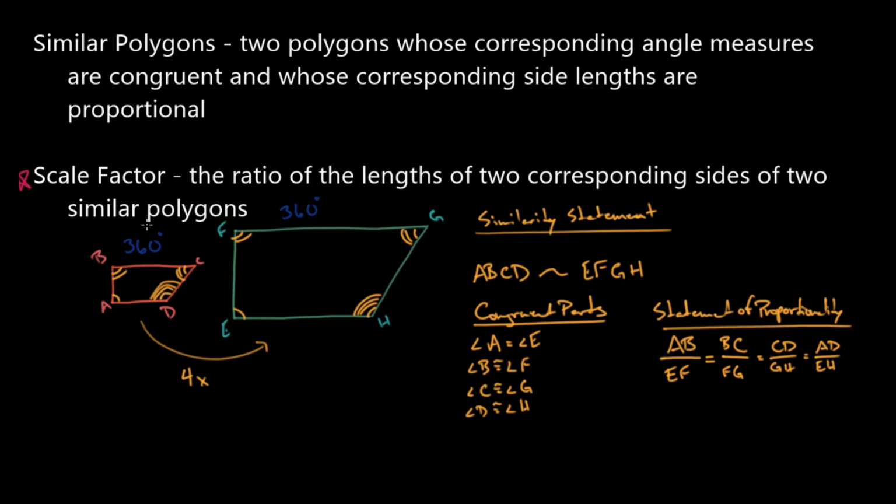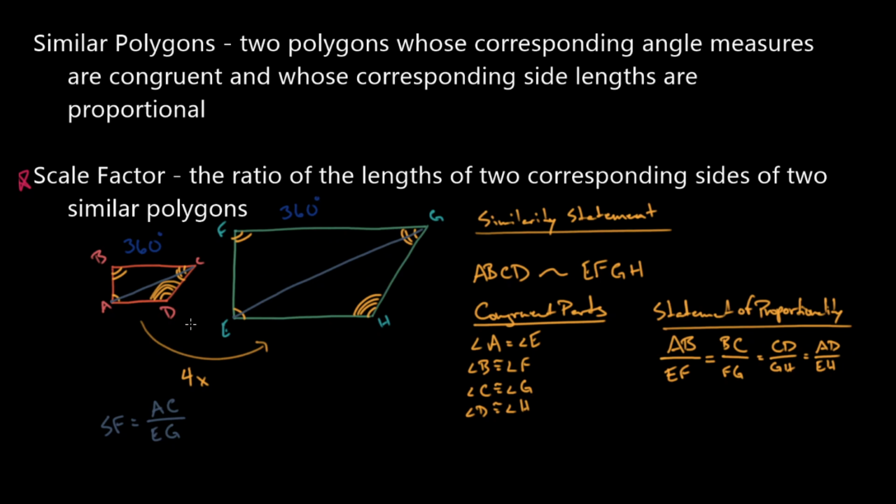So for example, if I drew in a diagonal from A to C, and then also from E to G, then these would have the same ratio. So wherever that scale factor is, it will also be the same as the diagonal A to C over E to G. Any of the linear measurements of my 2 polygons.